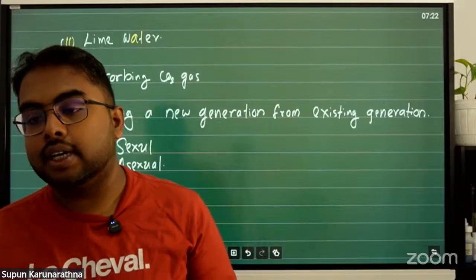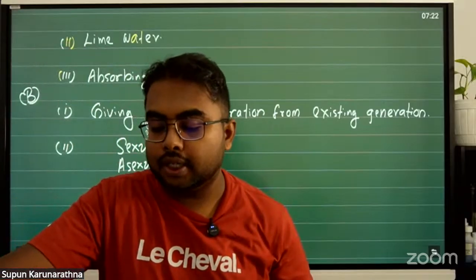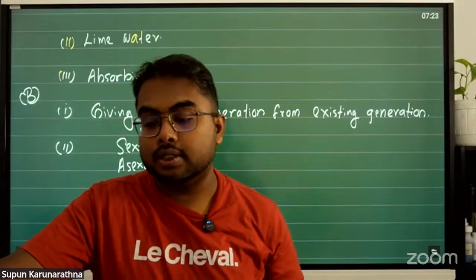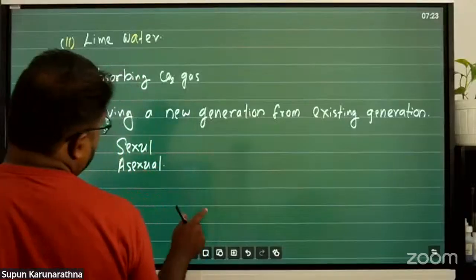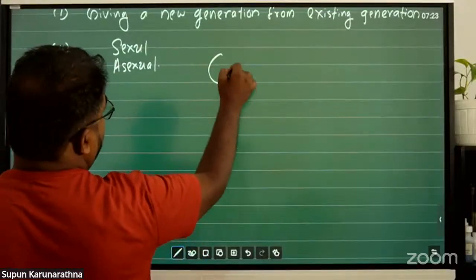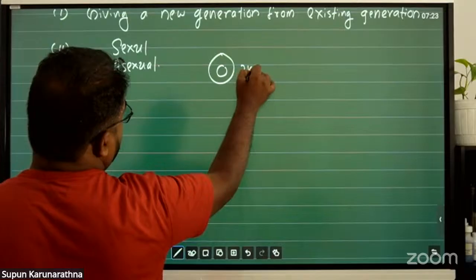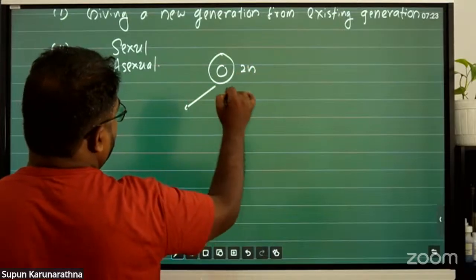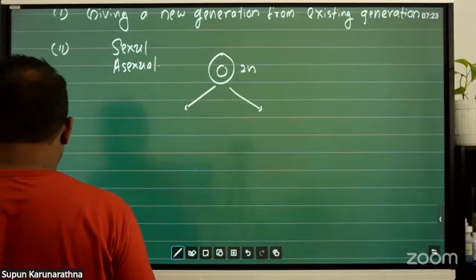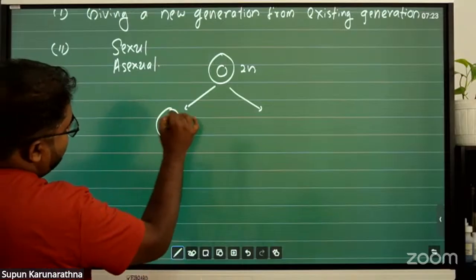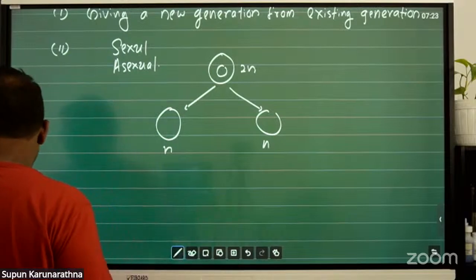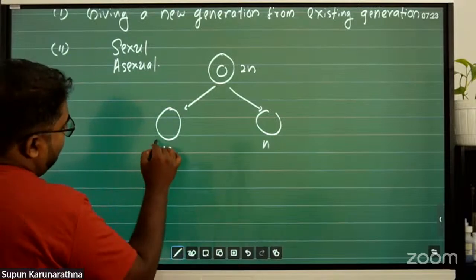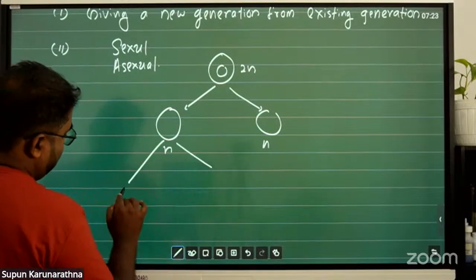That is what we call meiosis. Here is the process. You can see a 2n cell divides into two 2n cells, and again it divides.